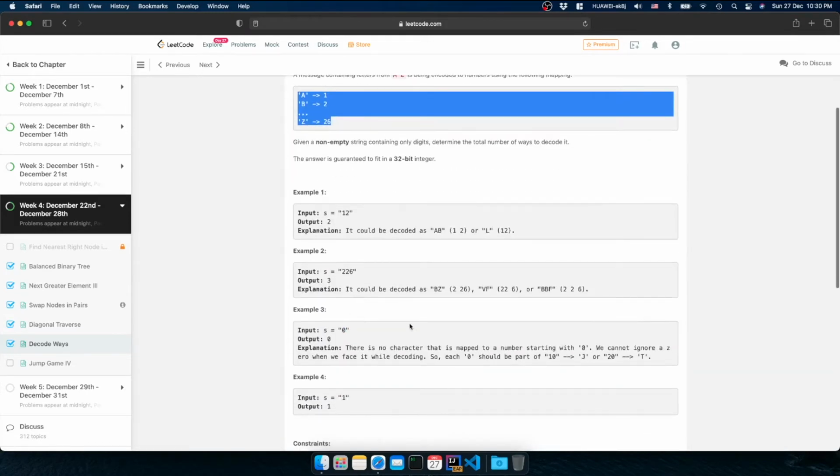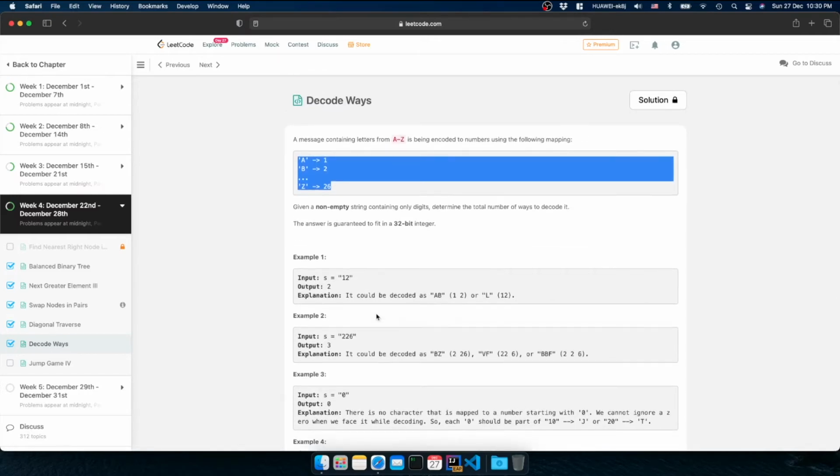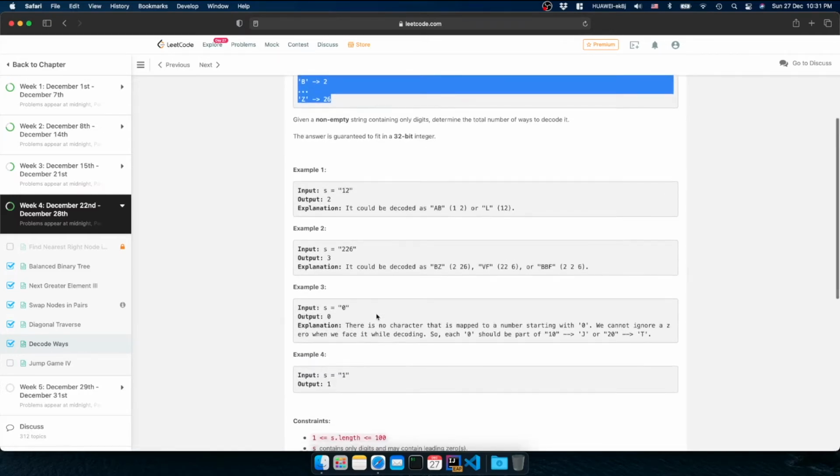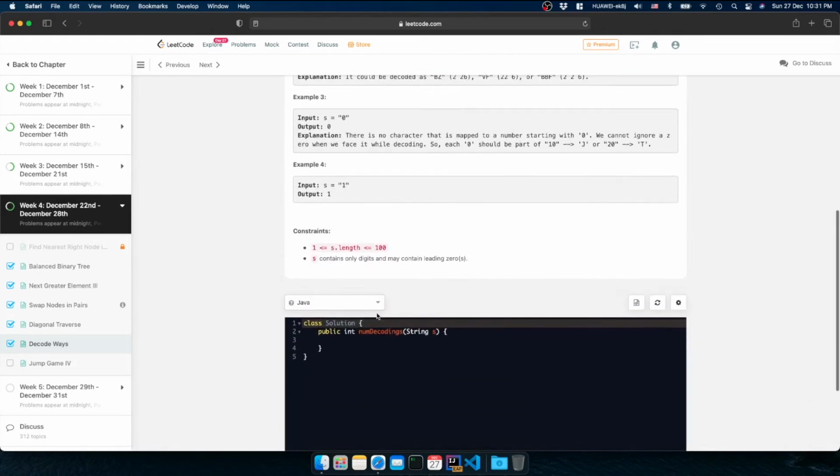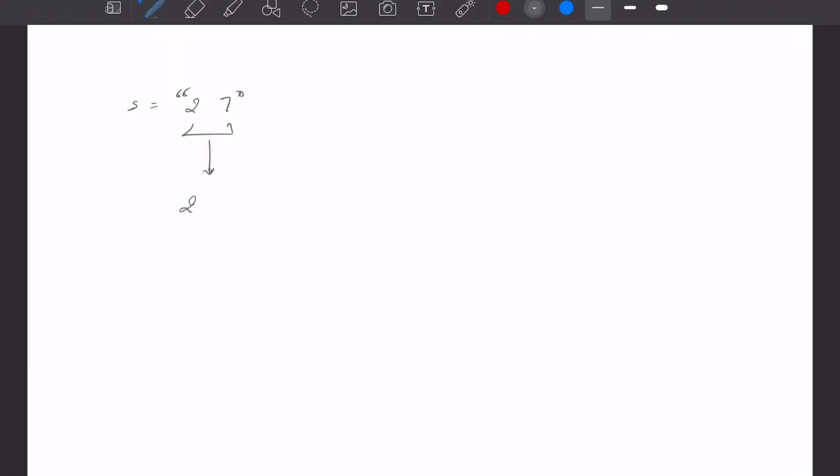And we can't decode 27 as a single number, but we can decode it if we consider 2 and 7. So only one way, which will be 2 and 7, right? So we'll see how we can handle all such cases. I'll first explain how many possibilities we can have, and then how we can come up with a recurrence or a formula for working with such a problem, and then we'll go to the coding part.